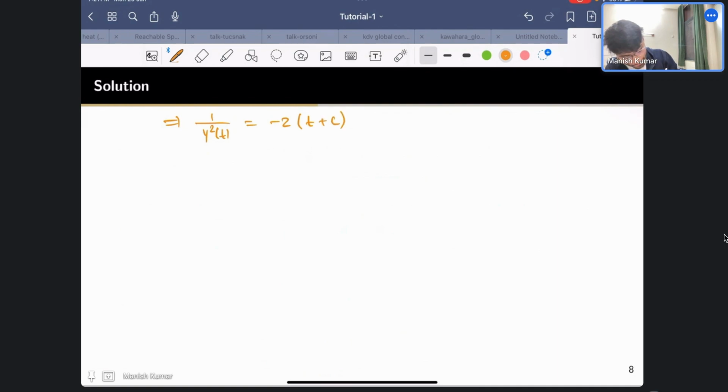So y squared(t) is equal to 1 by minus 2(t plus c), right? So we have the expression for y squared. Now we'll substitute. We were given that y(0) is equal to 2, so y squared of 0 will be 4. Substitute in this one.